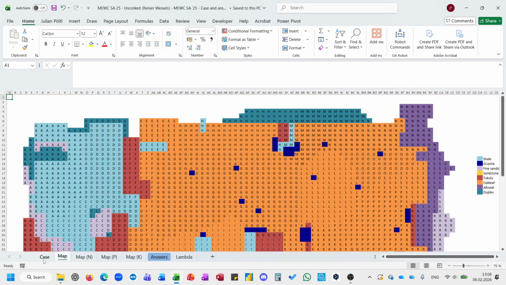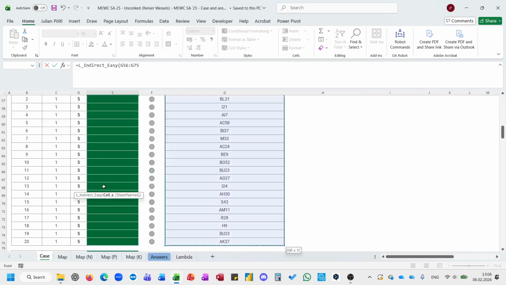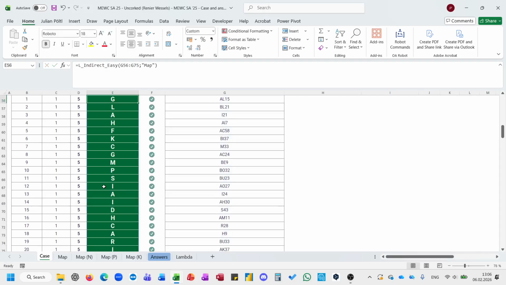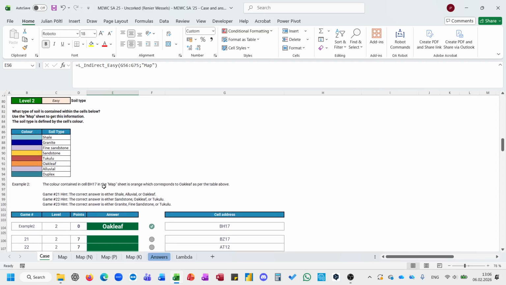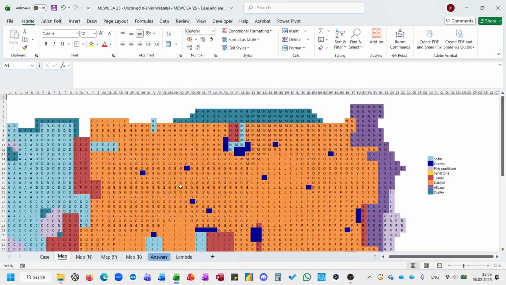Okay, map. So basically equals EASY INDIRECT of those cells in the map sheet. Okay, what type of soil is in there?